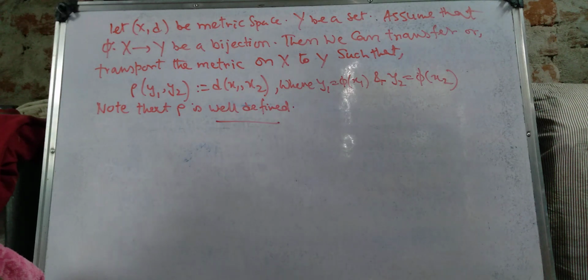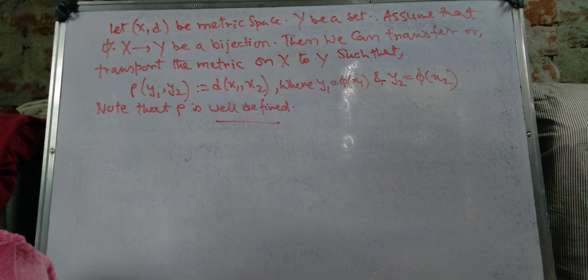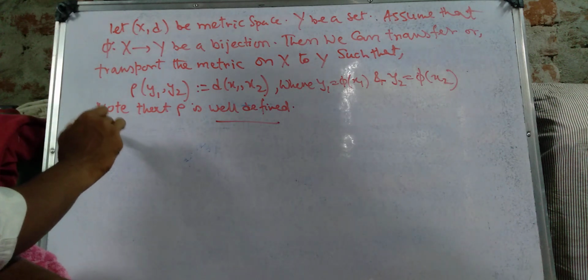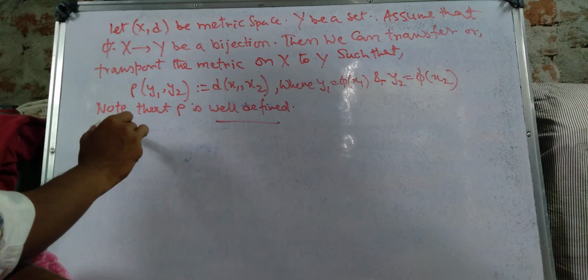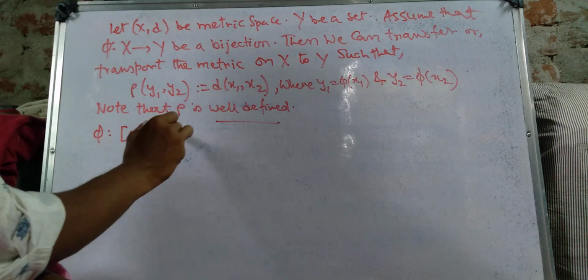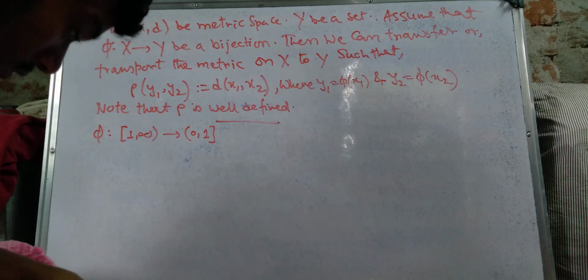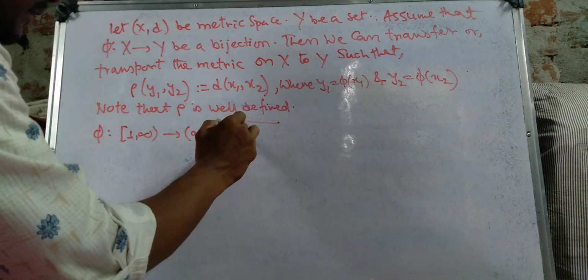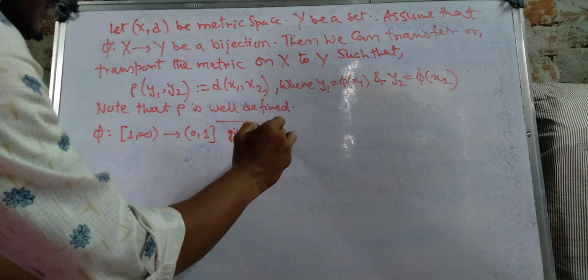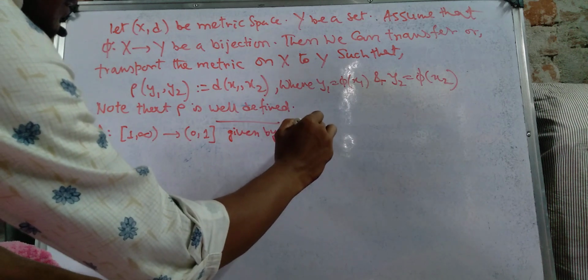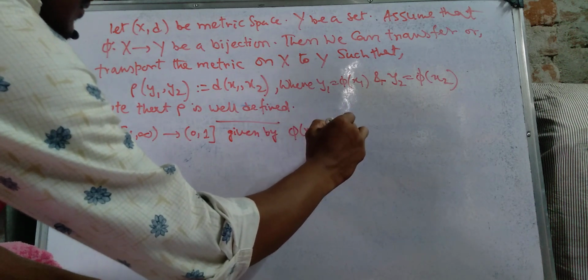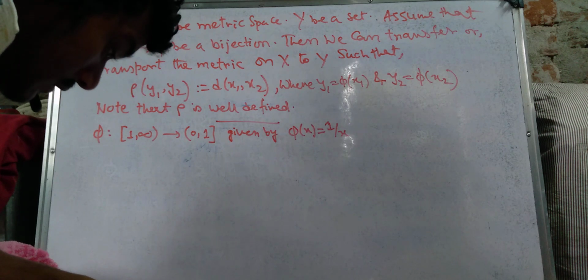Now for phi, we write here phi from (1, infinity) to (0, 1) given by phi(x) equal to 1 by x.